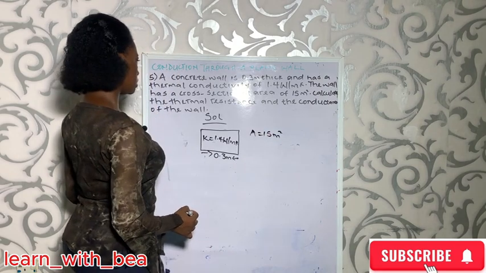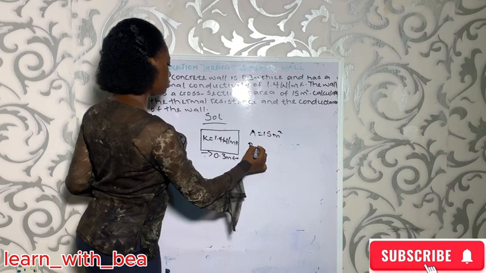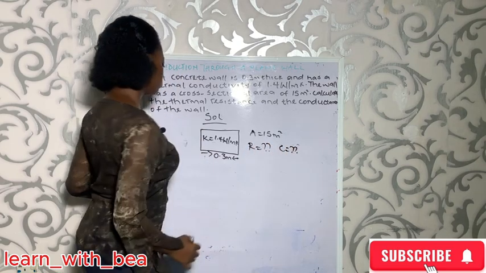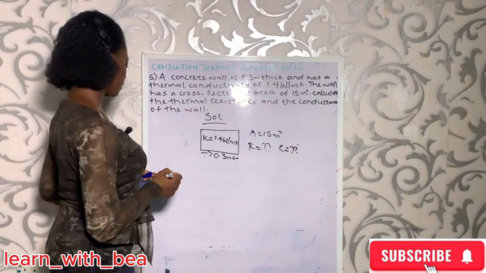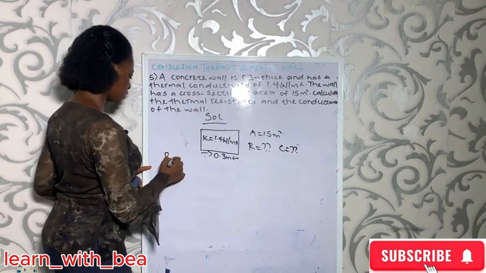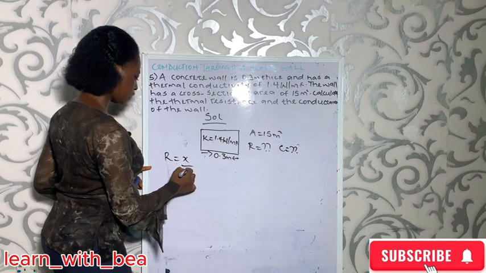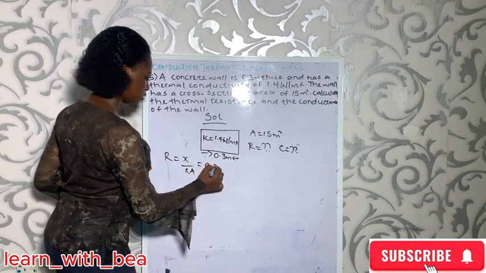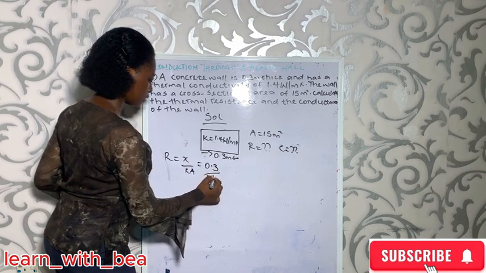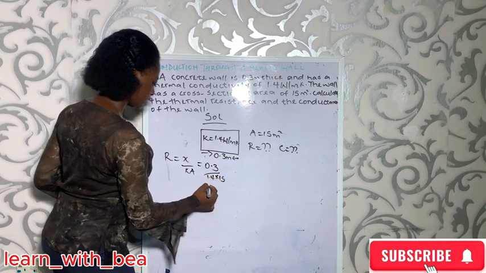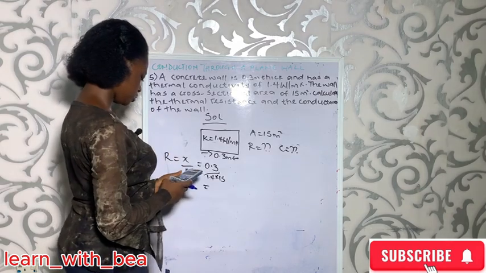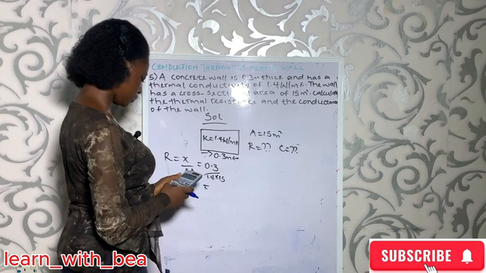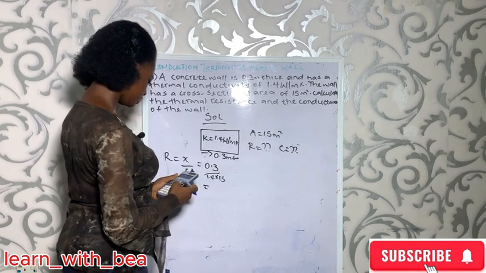Calculate the thermal resistance, which is our R, and the conductance of the wall. If you can vividly remember, the formula for thermal resistance is X over kA. So what's our X? 0.3. What's our k? 1.4. And what's our area? 15. So this should give us 0.3 divided by 1.4 times 15.